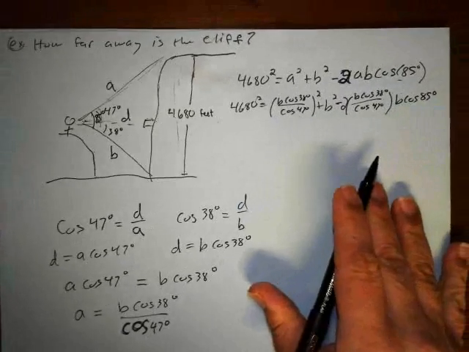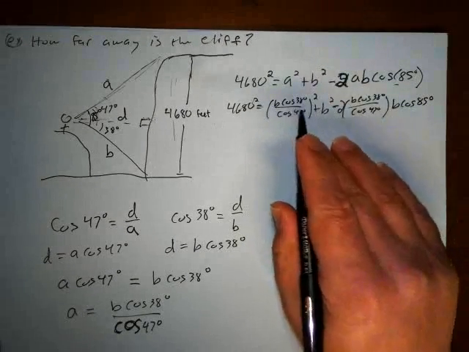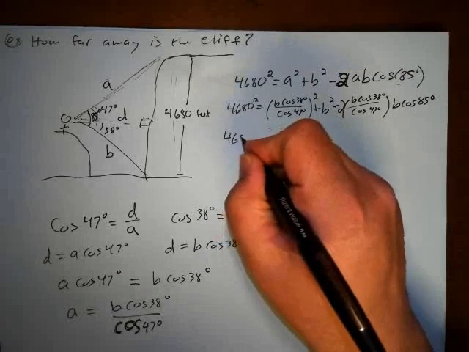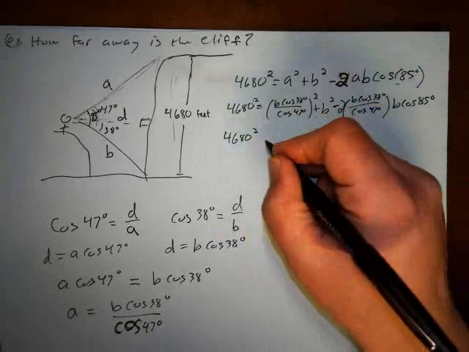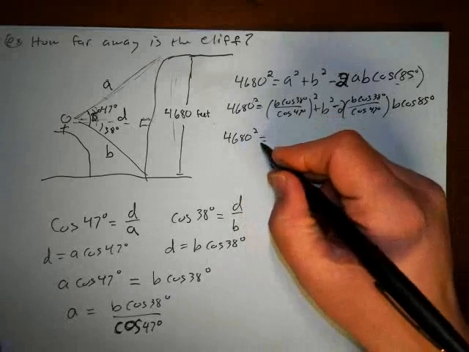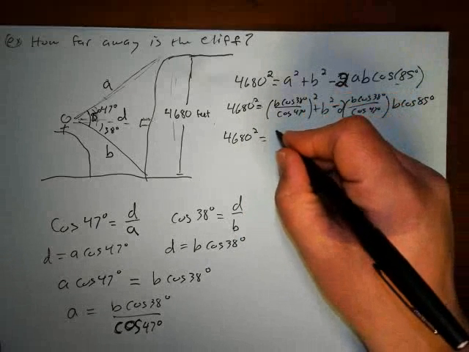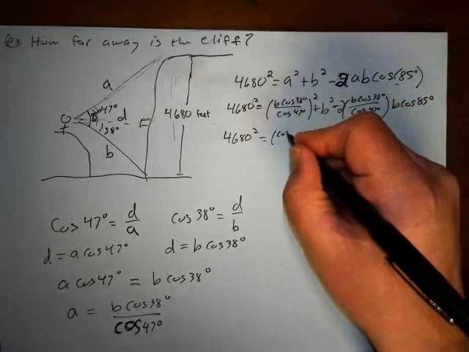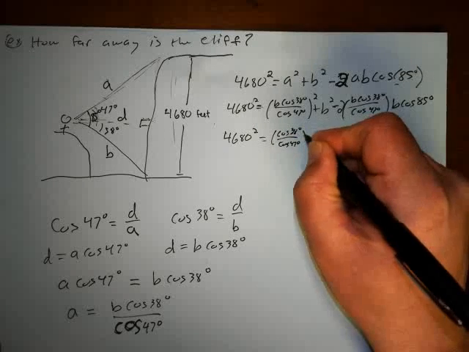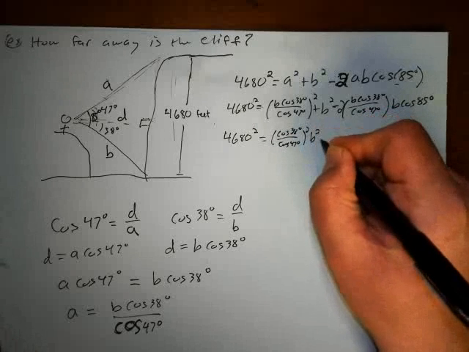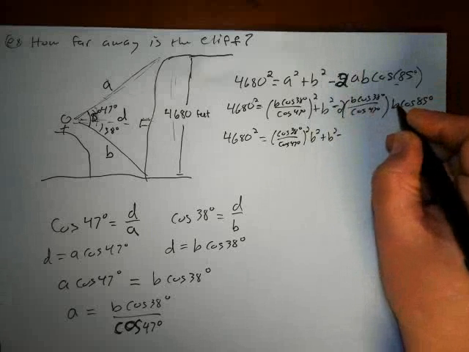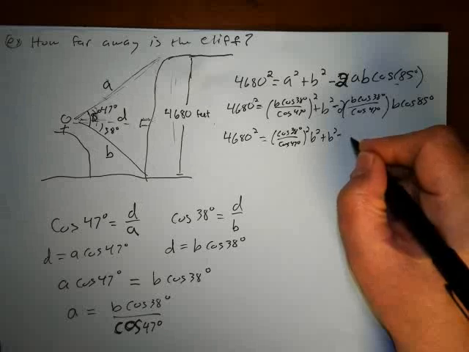Now if you look at this carefully, what you see here is that you have a b squared in each of these terms. So I'm going to rewrite this kind of like this. 4,680 squared is equal to, and then this would be like cosine of 38 degrees over cosine 47 degrees, that quantity squared, over b squared, plus b squared, minus, and then this b and that b would be a b squared.